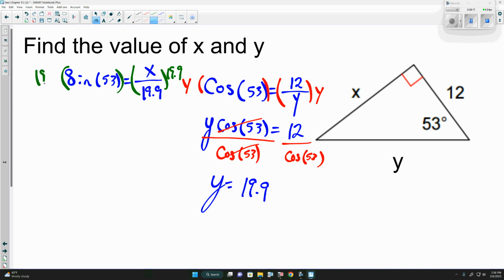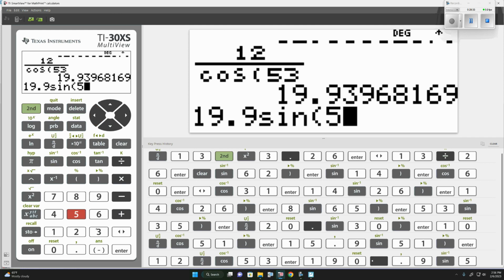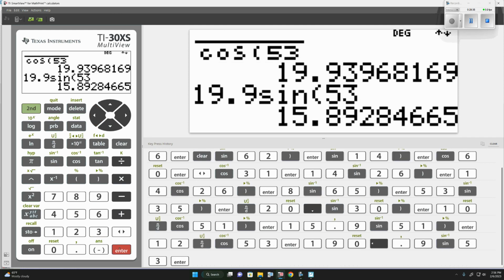Multiply both sides by 19.9. Then x is equal to 19.9 sine of 53, which is 15.9.